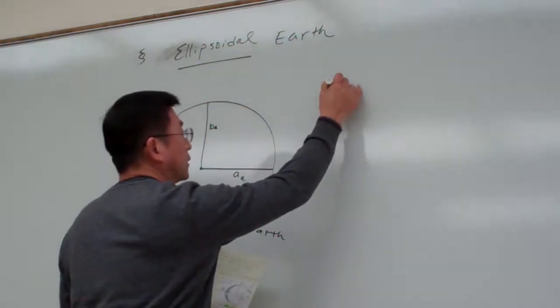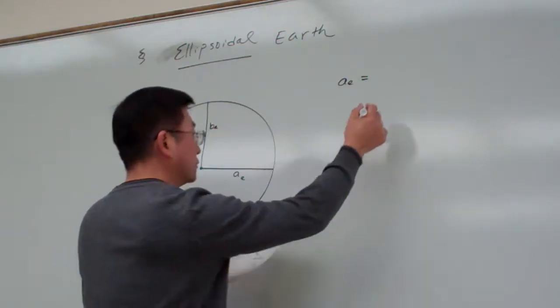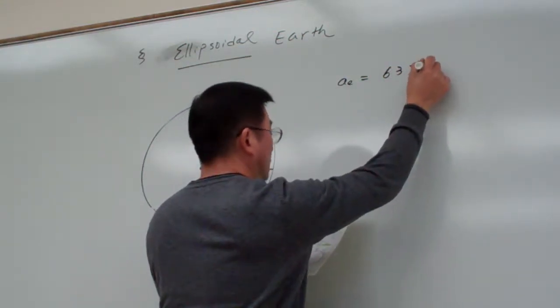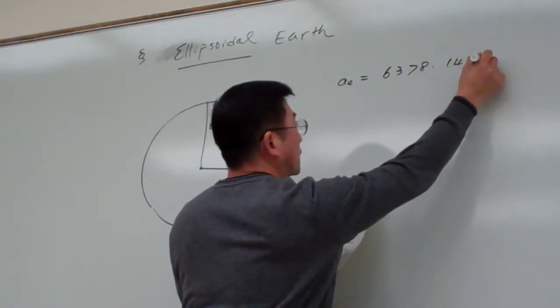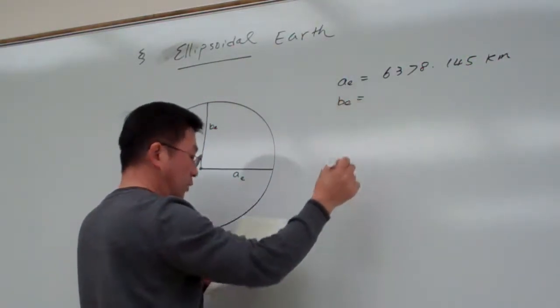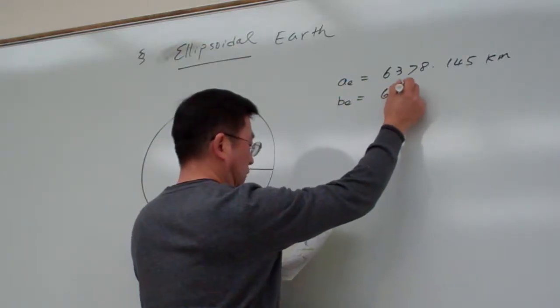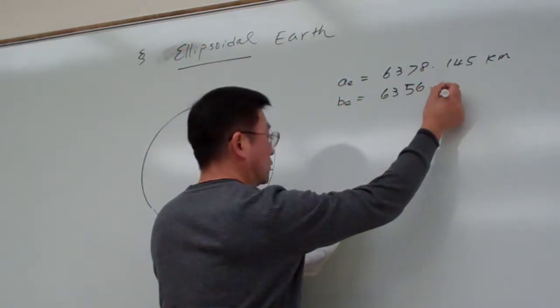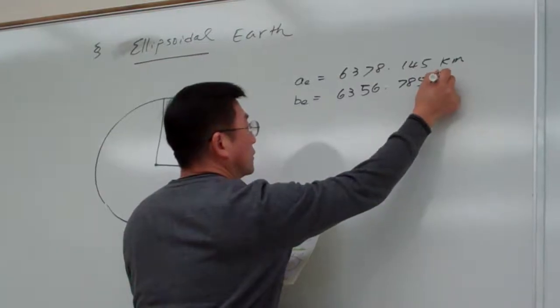For Earth, AE equals 6378, and this is the number we use in all the exercises and our tests. And for BE, that actually is 6356.785 kilometers.